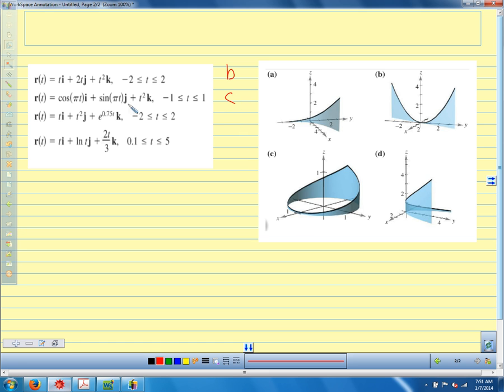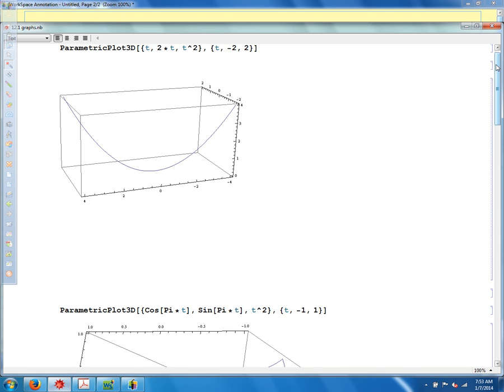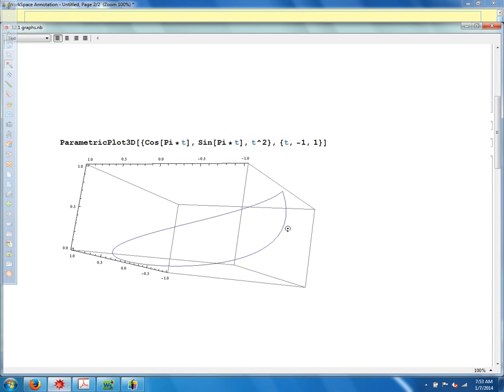And then we have this kind of quadratic relationship in the xz and the yz plane. We get this kind of thing going on. So let's look at that one that we can move around. So there's that curve.